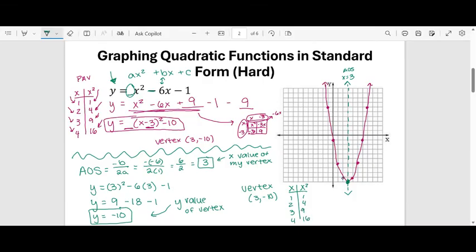Left and right 1, up 1, left and right 2, up 4, left and right 3, up 9, and left and right 4, up 16. You can see all my points were identical with my red line, and I can draw in the exact same shape for my graph found by using the axis of symmetry equation.